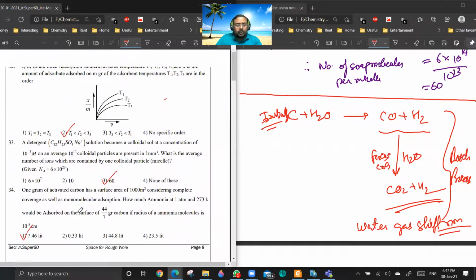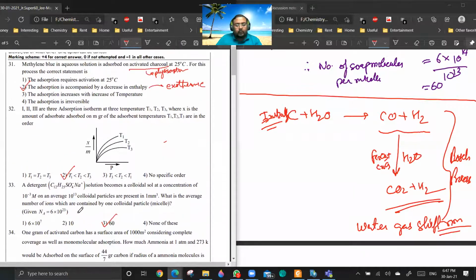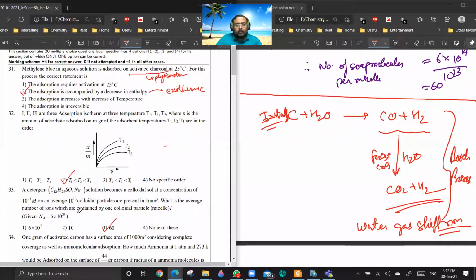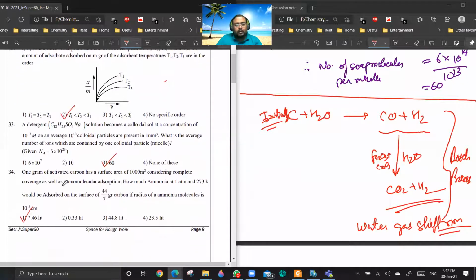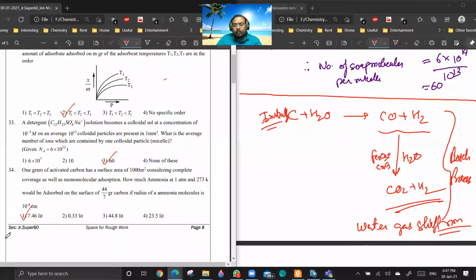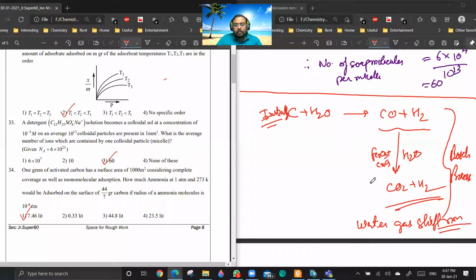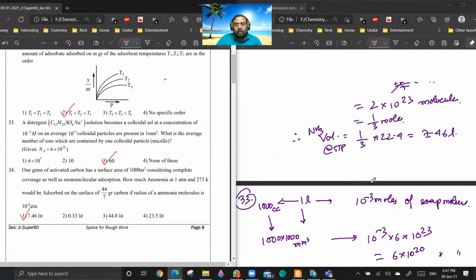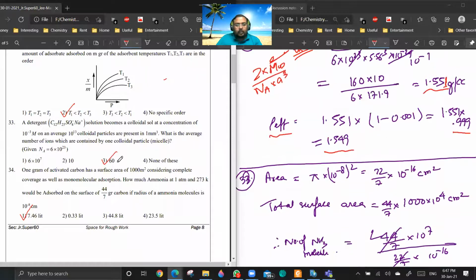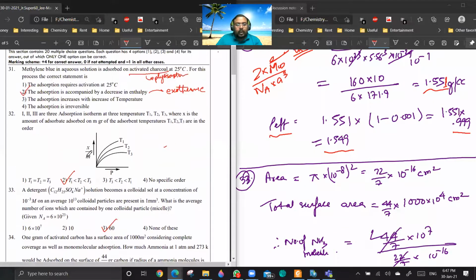Yes. Okay. This brings us to 31 to 34. 31, 32. Any doubts? No, sir. 33, 34. No doubts? No, sir. 32, I have given this graph in the notes also.